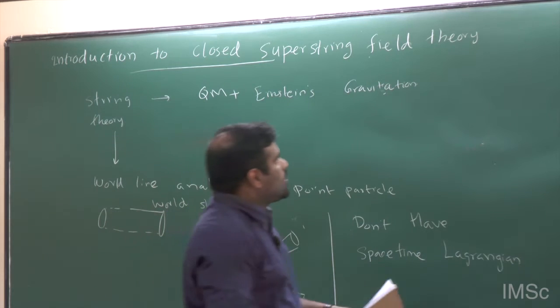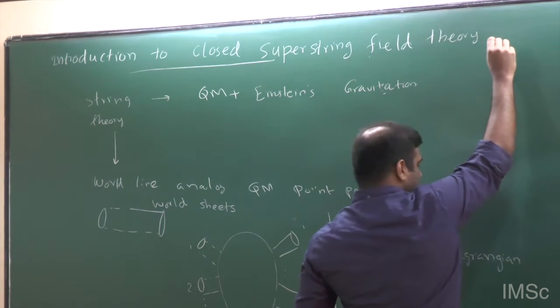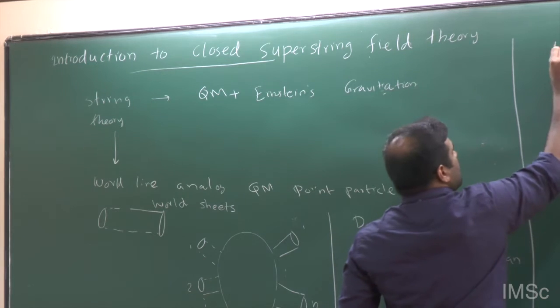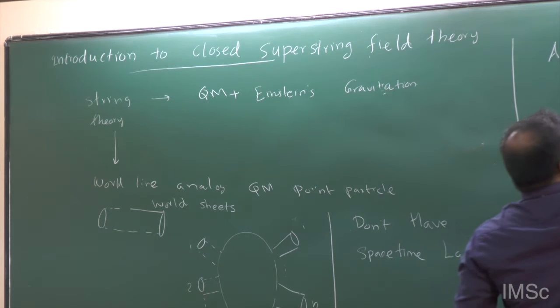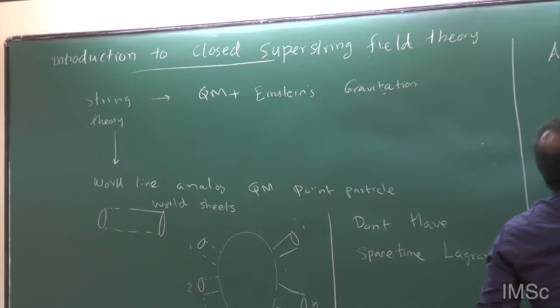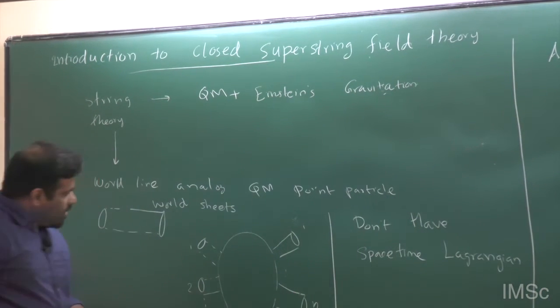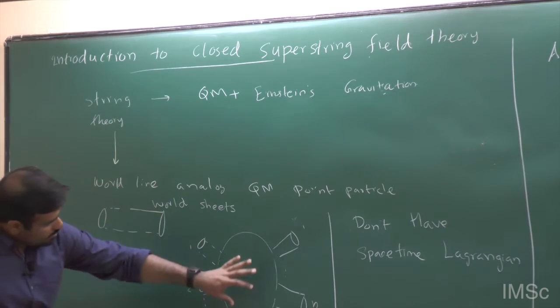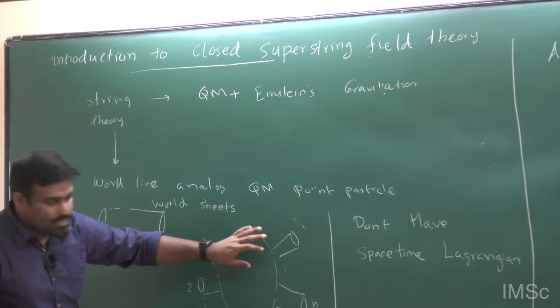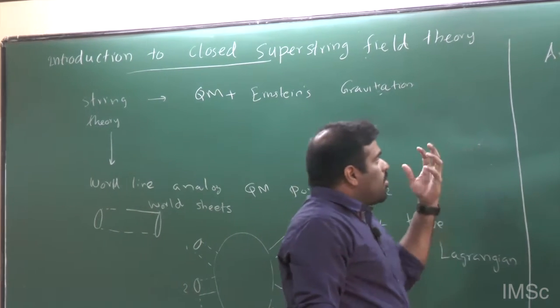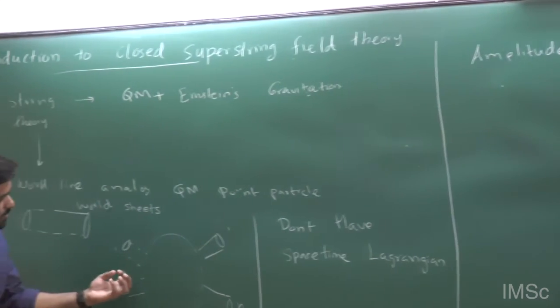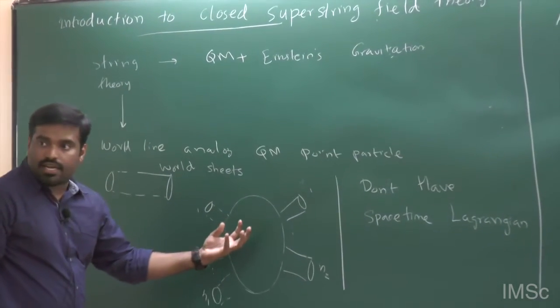So the main object in the conventional definition of string perturbation theory is the amplitude. So you have to somehow define the processes inside this blob. What happens here? You should come up with a prescription that tells you how the strings are interacting.